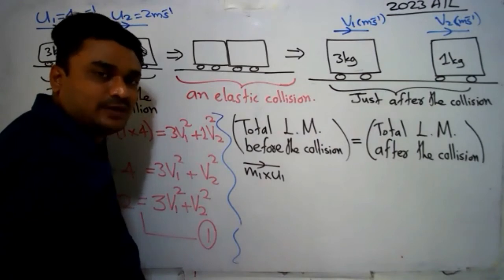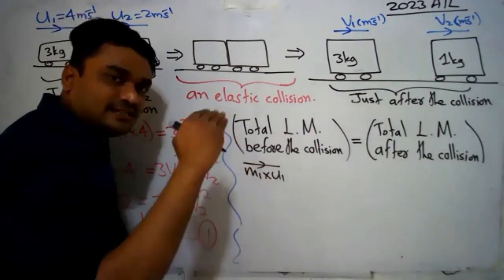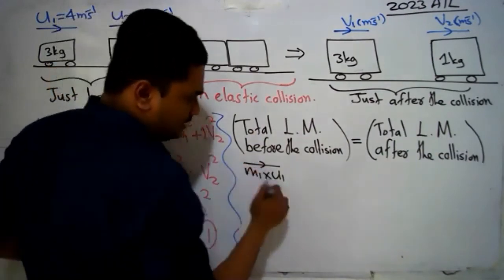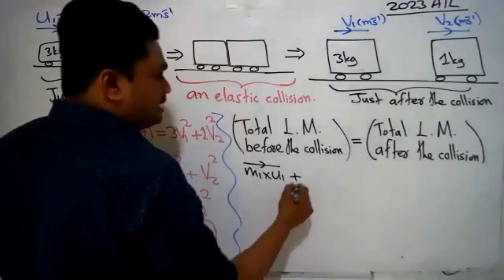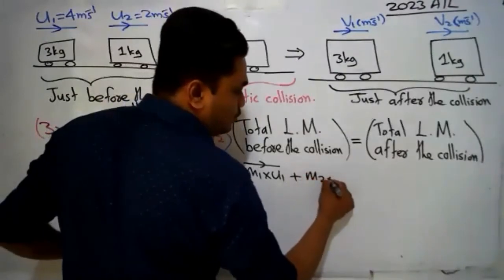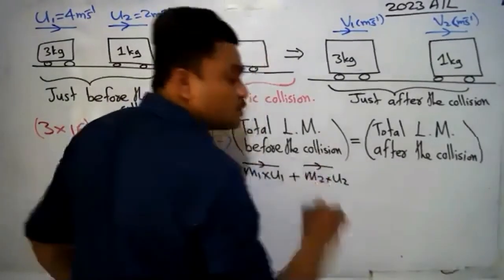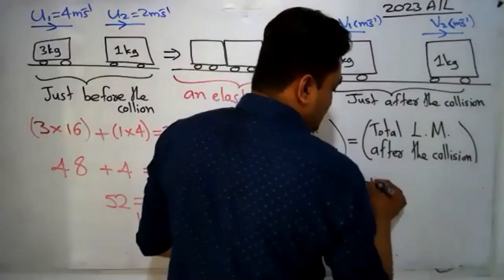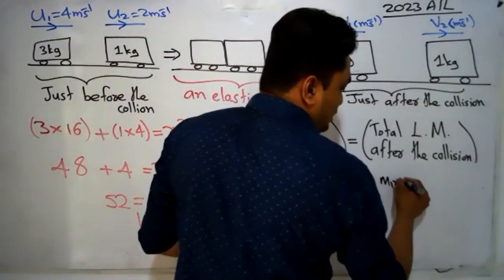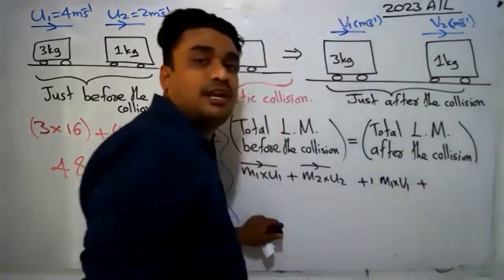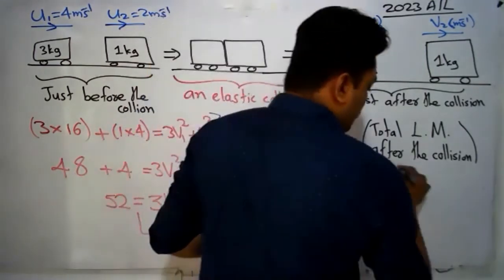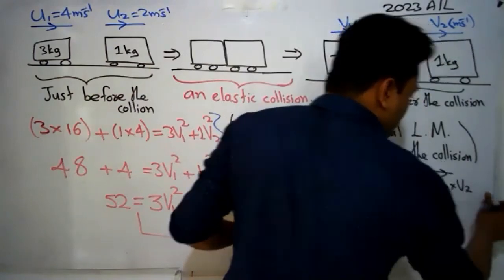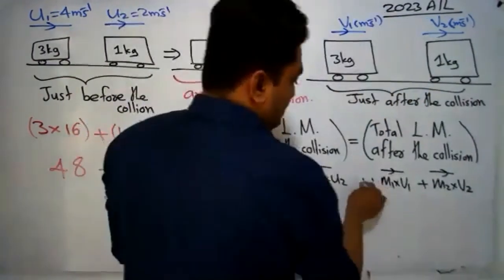Linear momentum is a vector; its direction is equal to the direction of the velocity. The linear momentum of the second object before the collision is m2 into u2, also in the same direction. After the collision, the first object's momentum is m1 into v1 and the second object's is m2 into v2. Got it?